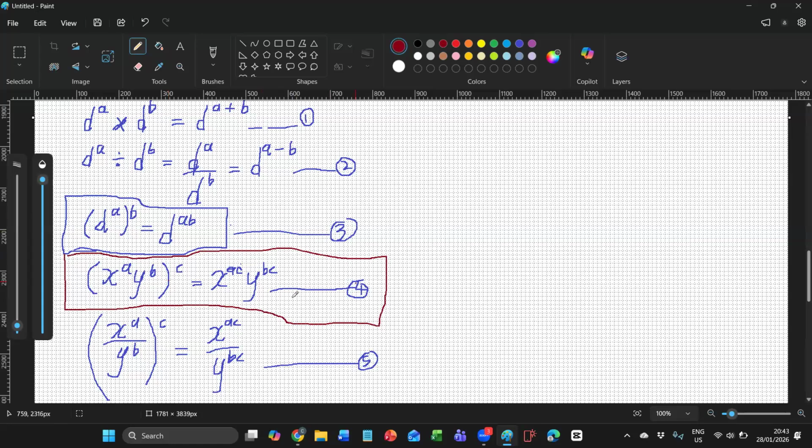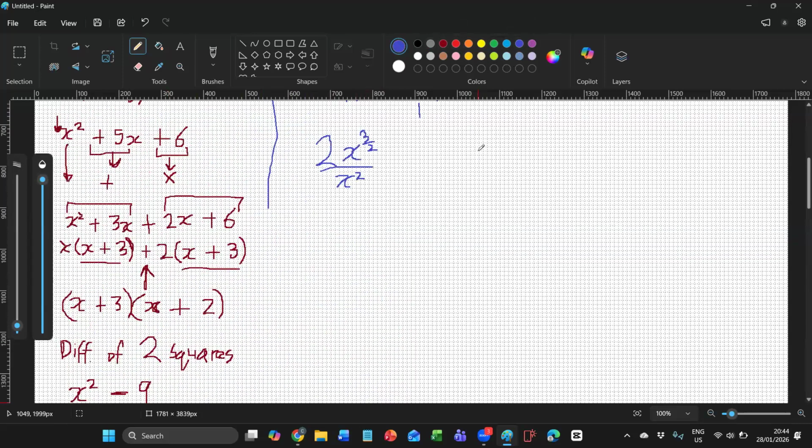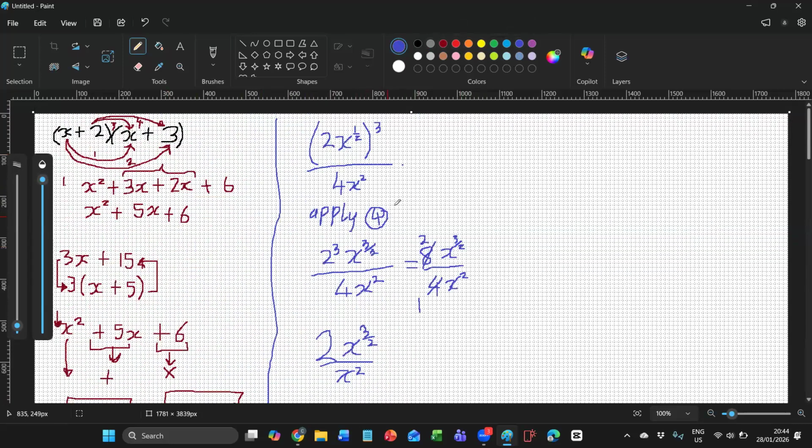Now, with that in mind, because I don't want to write this law again, it's quite lengthy and not so easy writing with this thing, let's go back to the top and see where we are going to apply it. Look at it, the power outside is 3. It's free to go inside and multiply.